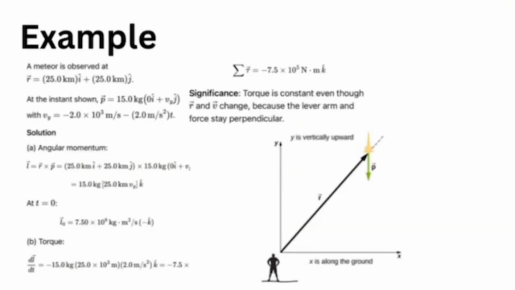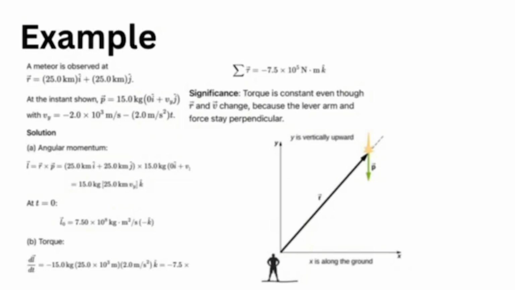Here's an example. A meteor is at position r equals 25.0 km i plus 25.0 km j at a certain instant. Its momentum is changing with time.